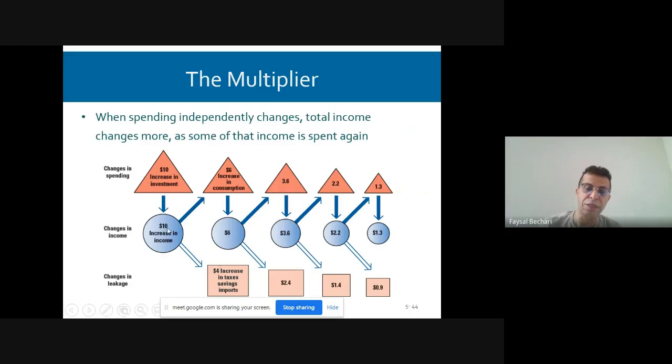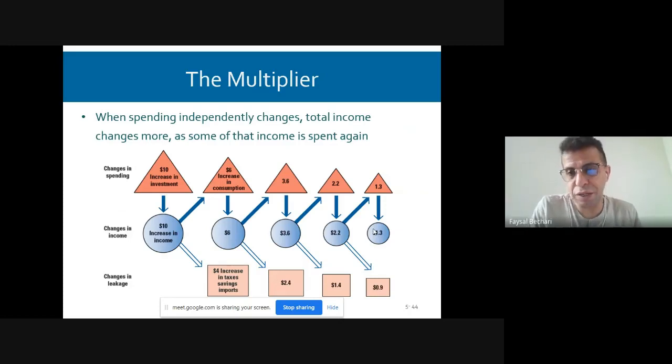What remains is $6. This goes back into the economy as an increase in consumption, because we're buying with that $6. This $6 once again partially goes to taxes, saving, and imports, and partially goes again to consumption, and it keeps going on. This is what you call the spending multiplier.